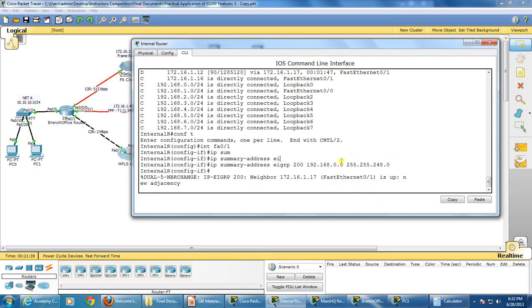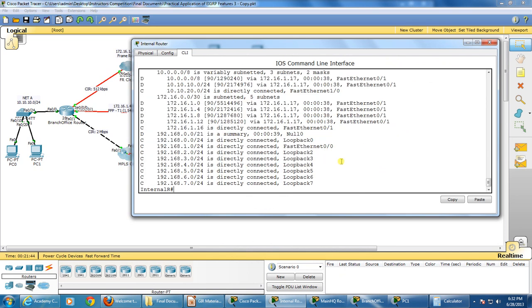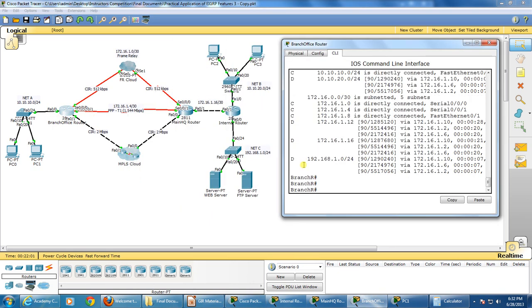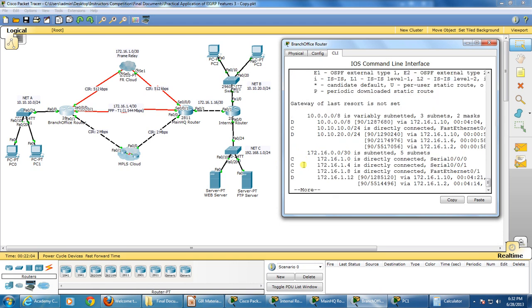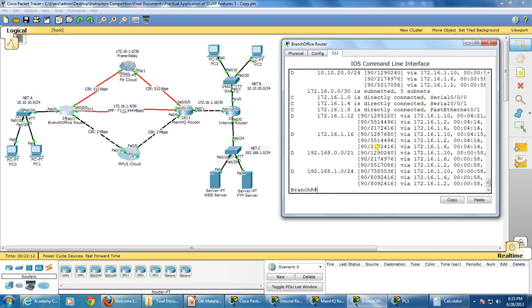And in the internal router, you will find some changes in its routing table, in which we have another entry, which is the manually created summary route. And of course, lastly, in our branch office, there are also changes in its routing table, in which you will have now a single entry for that supernet route, and that is 192.168.0.0/21.